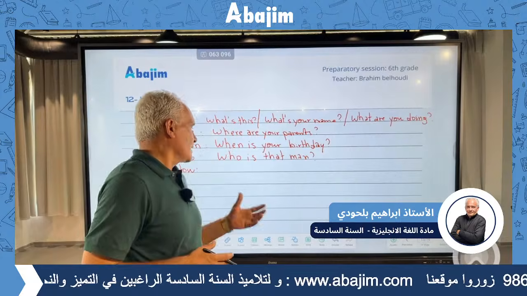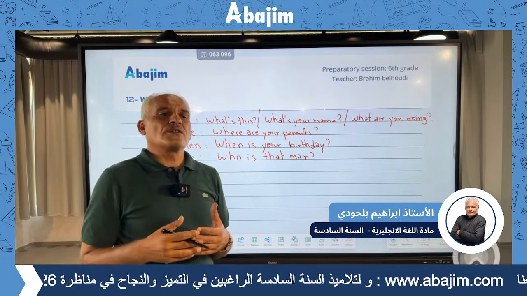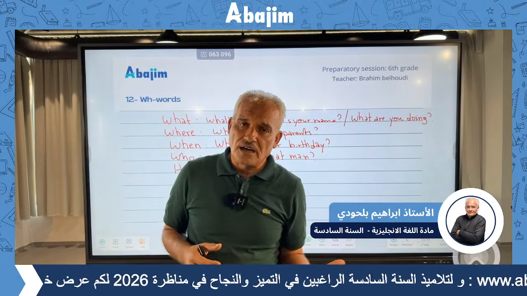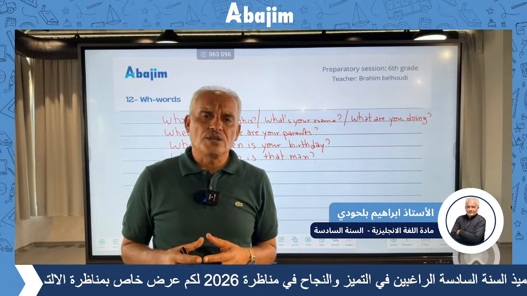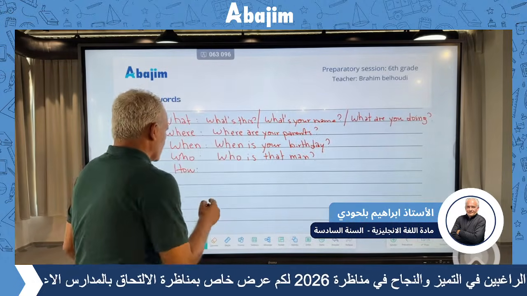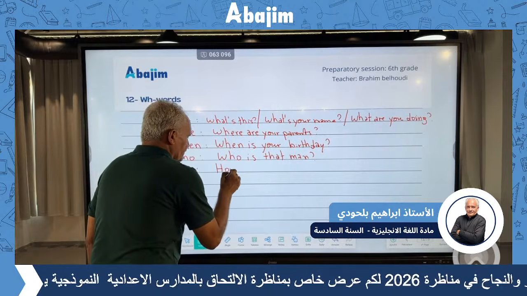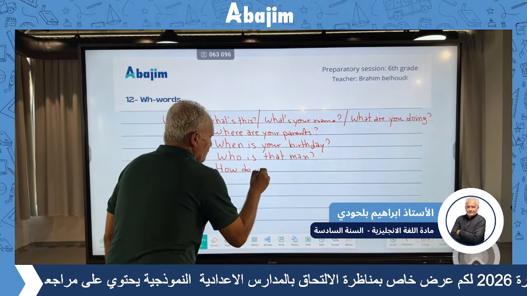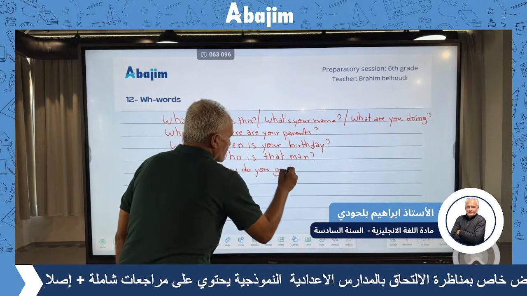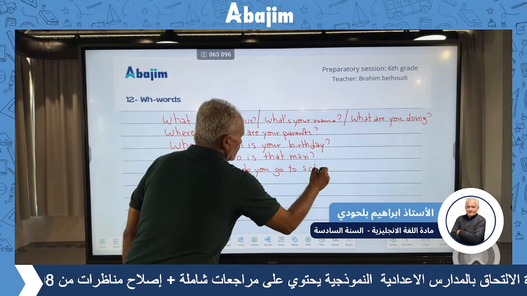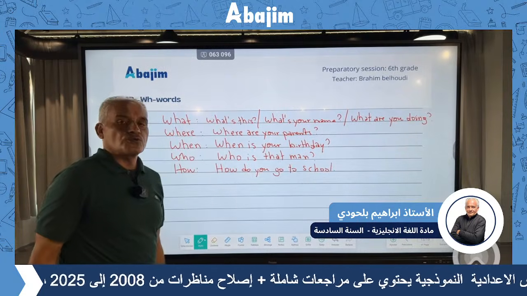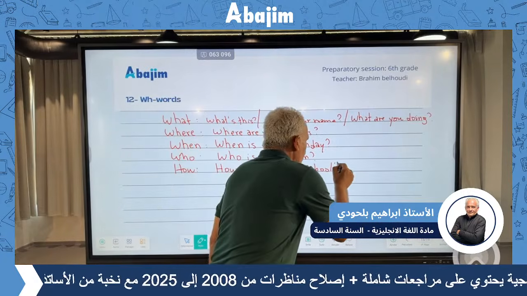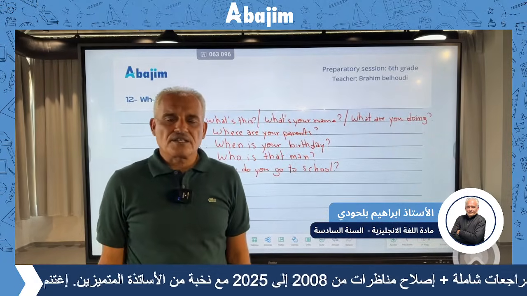And I can say, how do you go, the manner you, for example, go around. How do you go to school? How do you go around the city? So here I say, how, for example, do you go to school? And I do not forget the question mark at the end of the question.